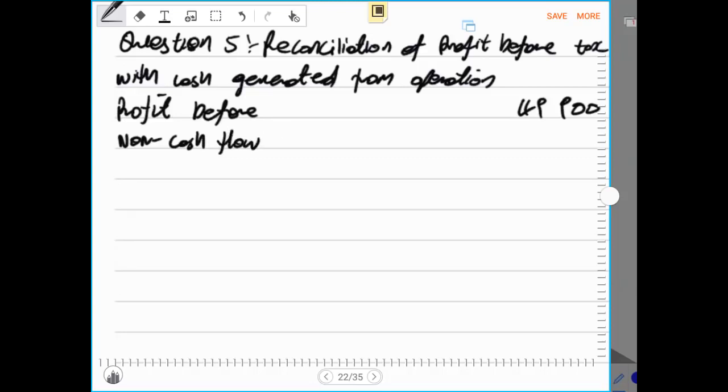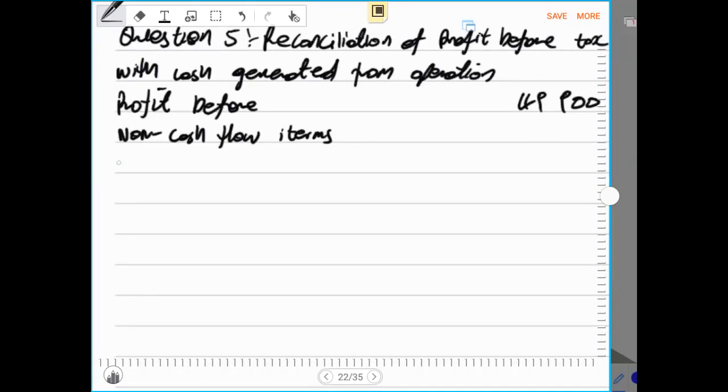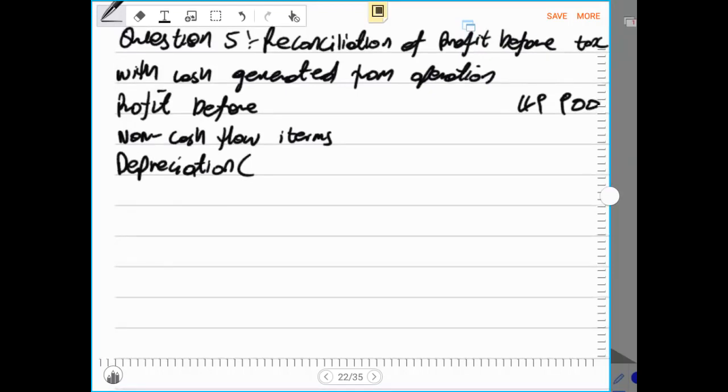Now, under non-cash flow items, we take into account items that are non-cash related. And the first item that is non-cash related will be depreciation. So now when we do depreciation, please open brackets immediately. Say depreciation, then open brackets.